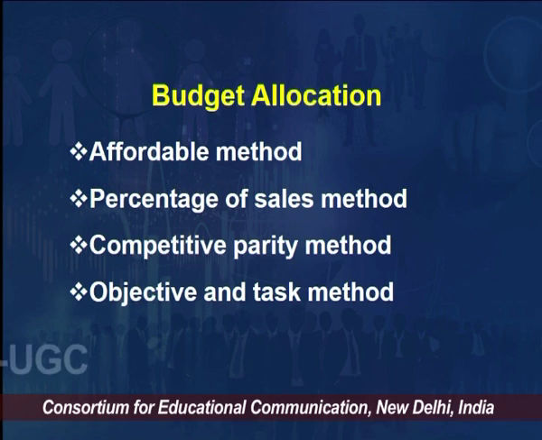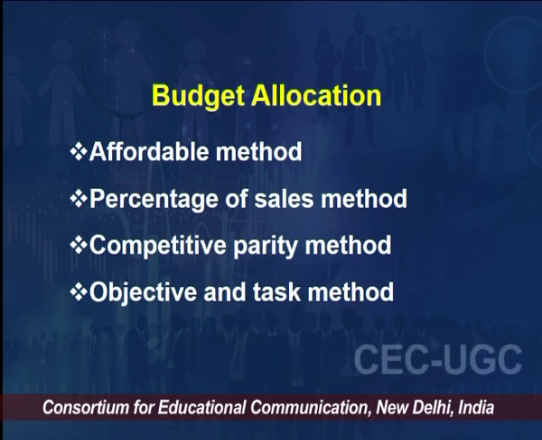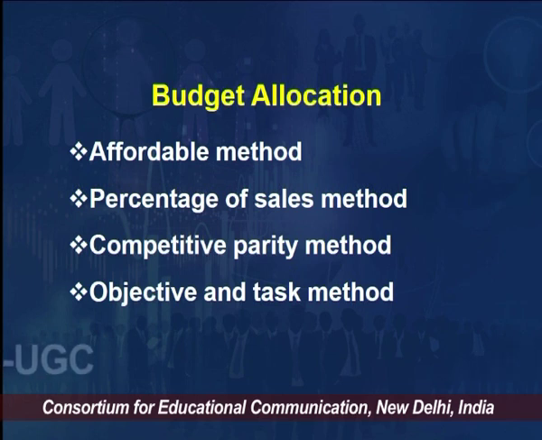Competitive parity, there is again no guarantee that what is working or has been working for your competitor would work equally well for your organization also. There can be difference in size, scale, media objectives, the target audience, characteristics of target audience, digital stage.